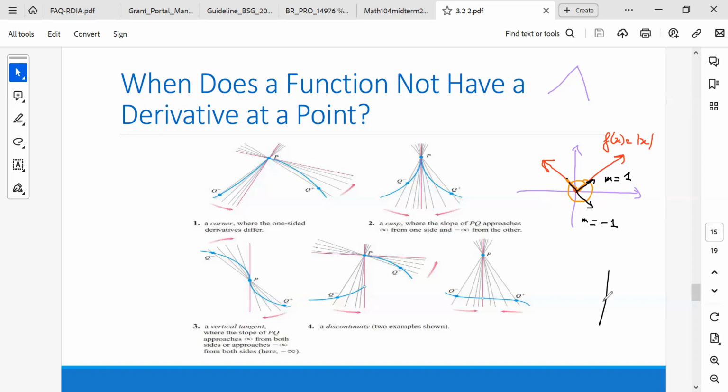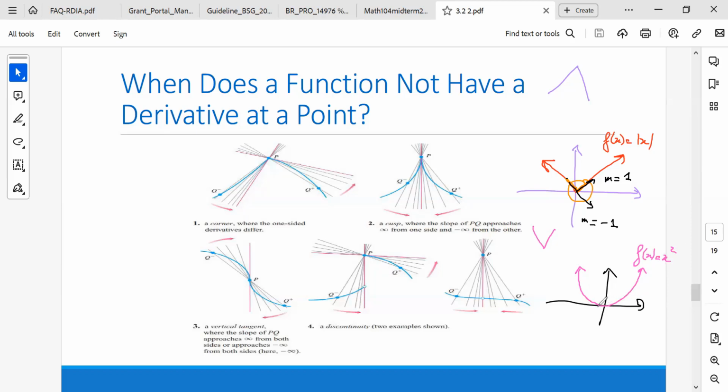It's different, for example, if we have x square, which is a smooth function, we don't have a sharp corner like this, okay. So the derivative exists everywhere and especially in zero.